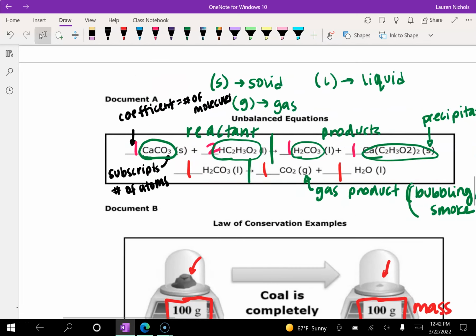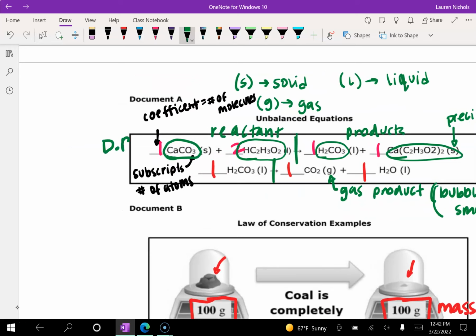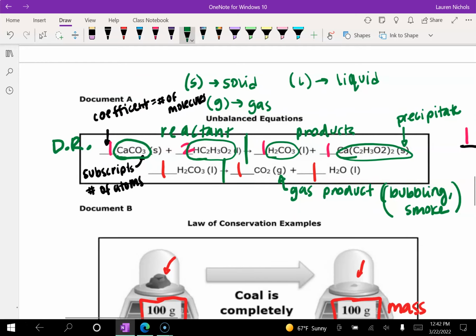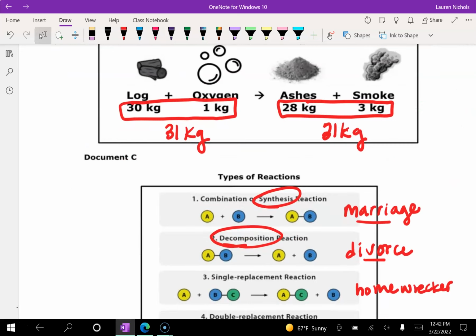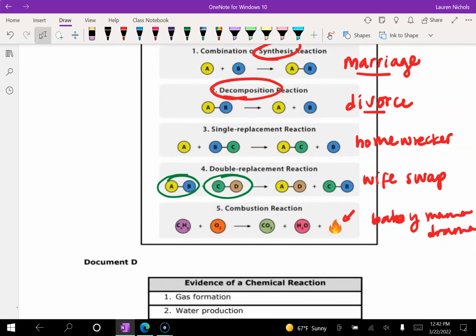So that first equation is a double replacement reaction, whereas this one we have 1 reactant and it splits apart into 2 products. That would be decomposition or divorce. So we can use document C to help us with document A in terms of identifying them. So this one was our first equation, and the decomposition reaction was our second equation.